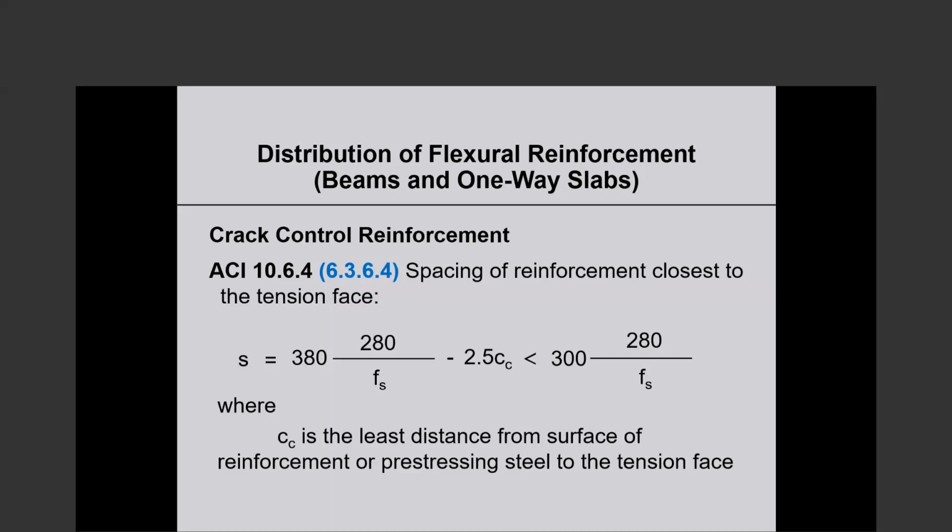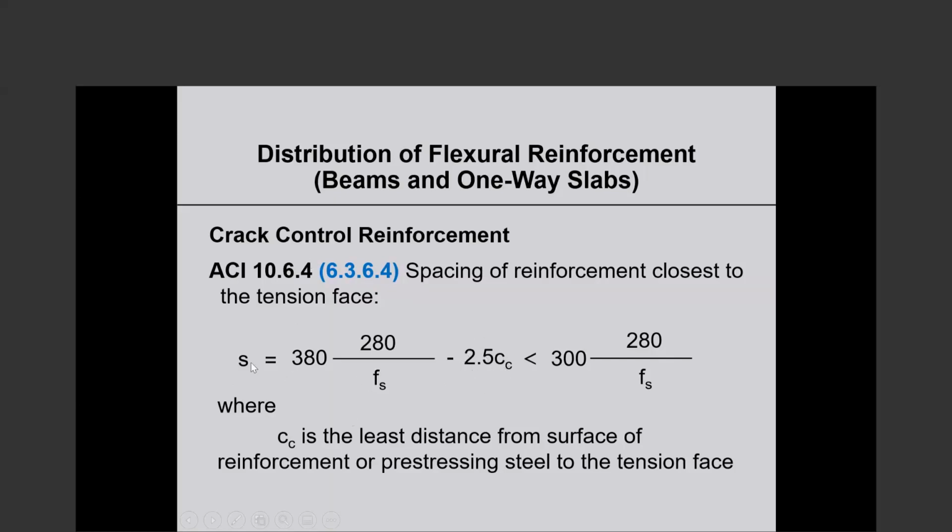Okay, so spacing of reinforcement closest to the tension face s shall not exceed the value given by the expression that you see, 380 times 280 over f sub s. f sub s is the stress in the tension reinforcement under service level loads, and we will talk about that, minus 2.5 times clear cover.